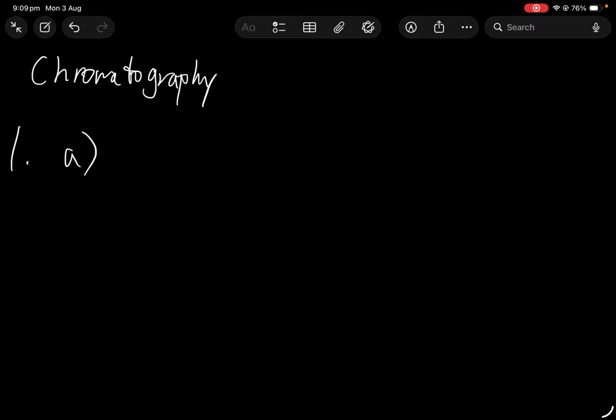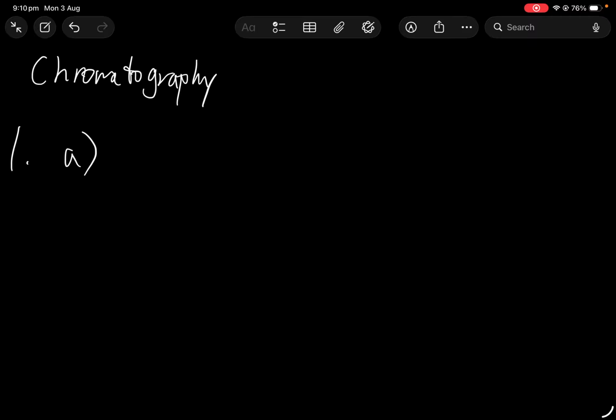So for the sample to have a smaller retention time, it must be polar, and we have hexane, hexanol, and hexanal.